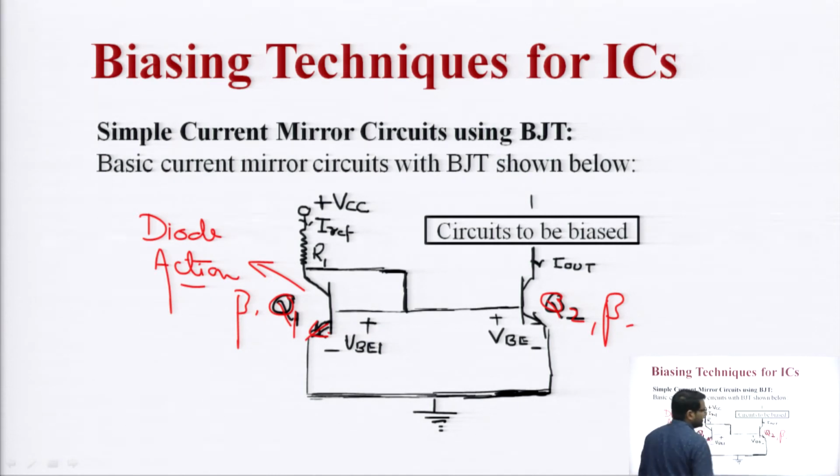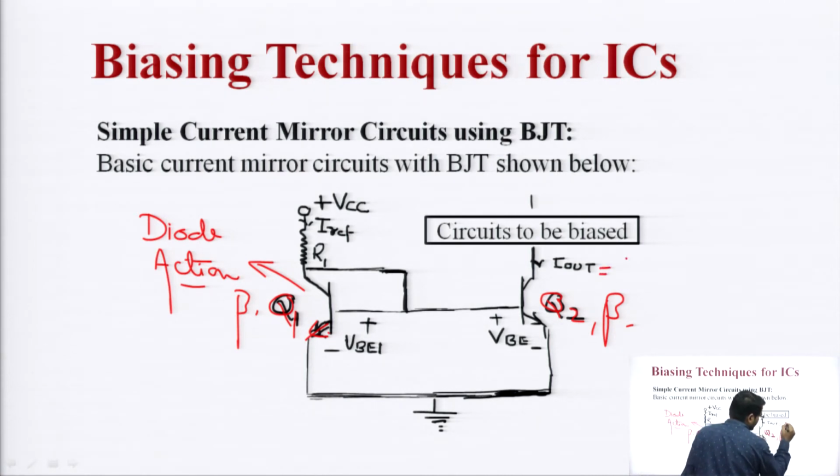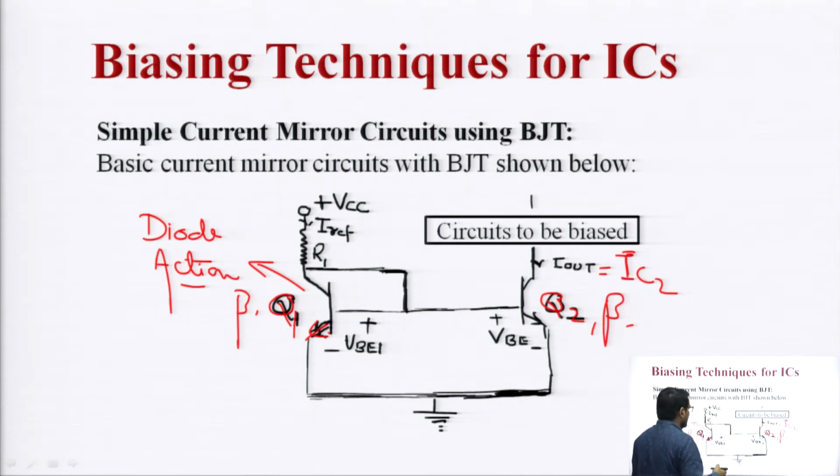So here Q1 gives the diode action and forces transistor Q2 to operate in the active region. In the active region, I out is IC2, the collector current of transistor Q2, and here we take IC1, the collector current of transistor Q1. We prove that in the current mirror circuit, I out is equal to IC1.